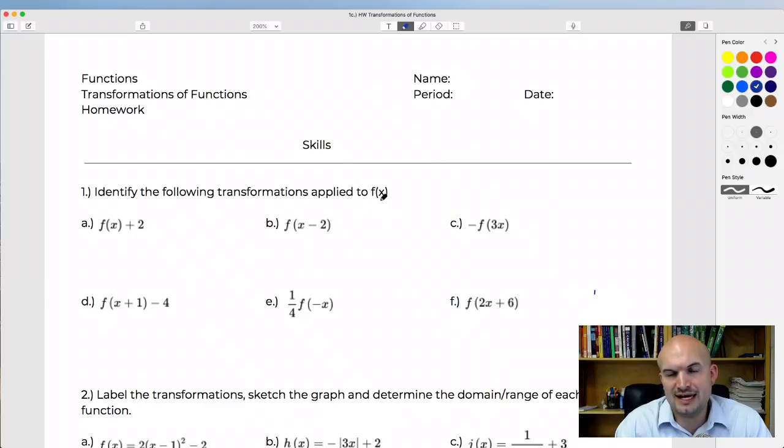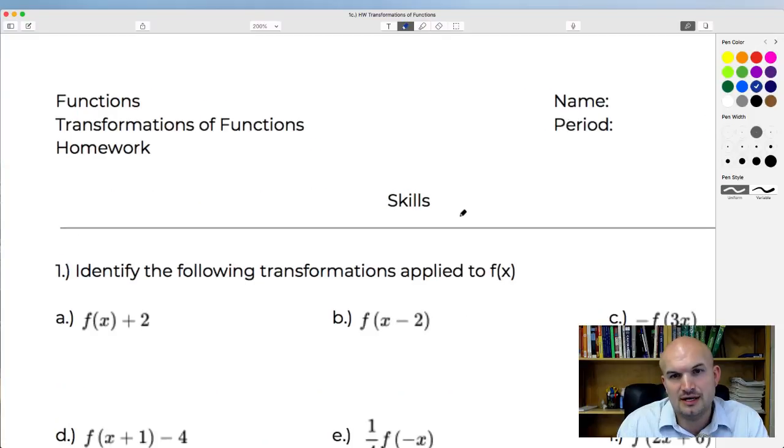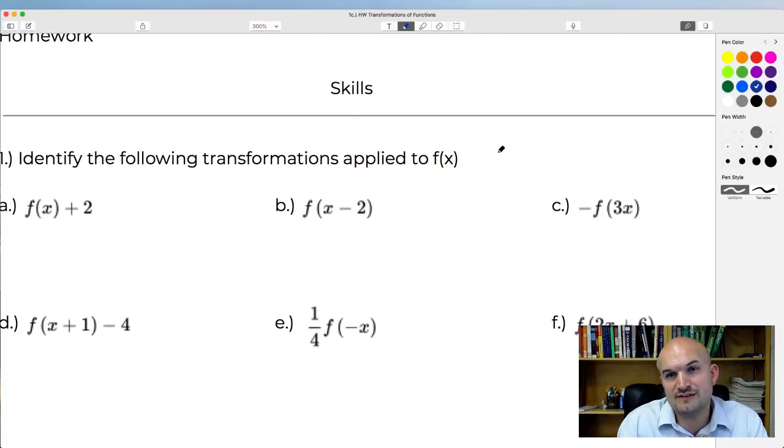So when we're looking at f of x, there are some general rules that we have for our transformations. Let's zoom in here. Our general form is a times f of b times x minus c, plus d.